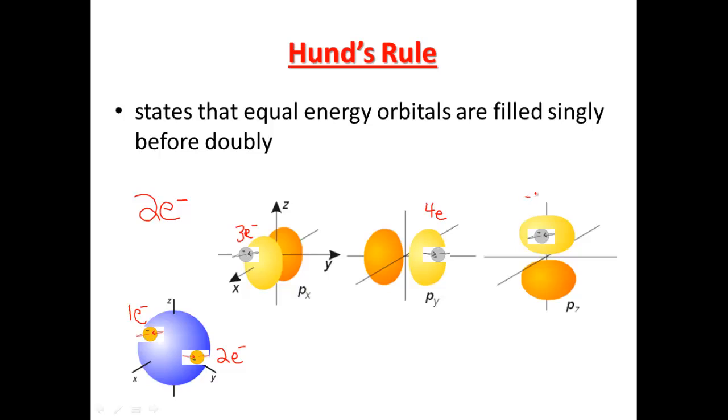Now if we have more electrons, then they pair up singly before doubly. So our 6th, 7th, and 8th electrons all enter in singly first, and once they've singled, then they pair up secondly.